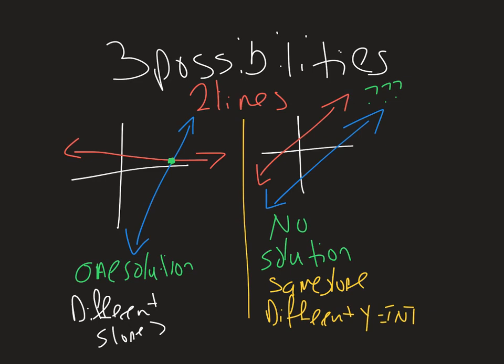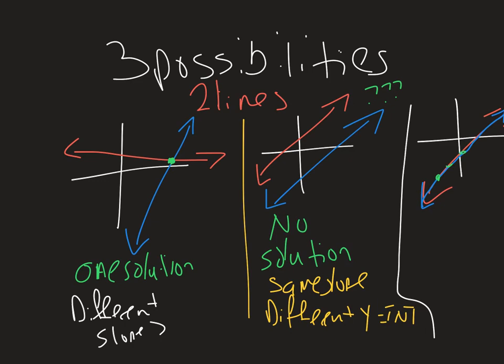And there is a third possibility, and it's a little bit weird, given the context here, but hypothetically, what if I graph these things and they are indeed the exact same line? We'll talk about an example of what this would look like, but this is definitely a possibility. In this case, we would say there is an infinite number of solutions, because it doesn't matter which point I pick on the line.